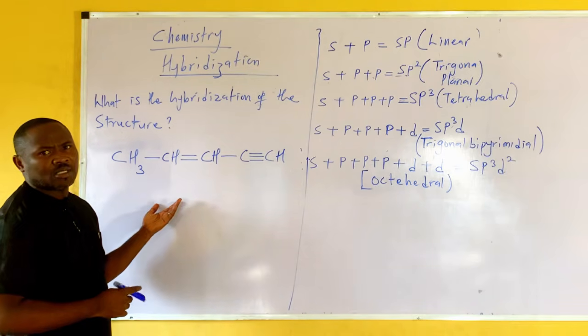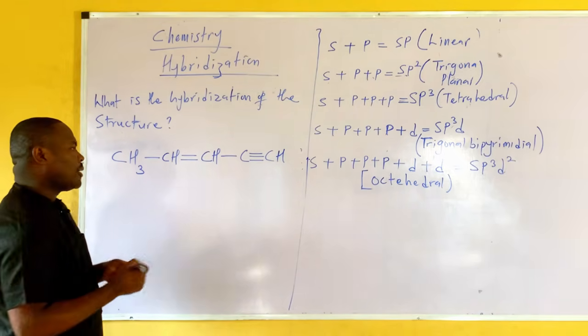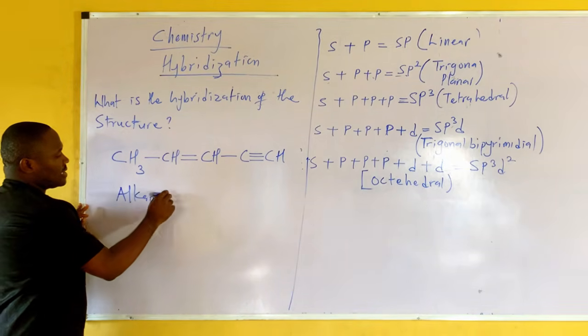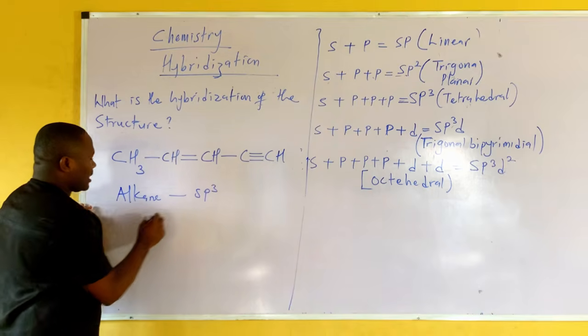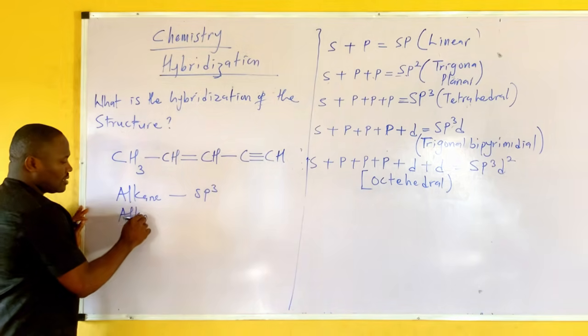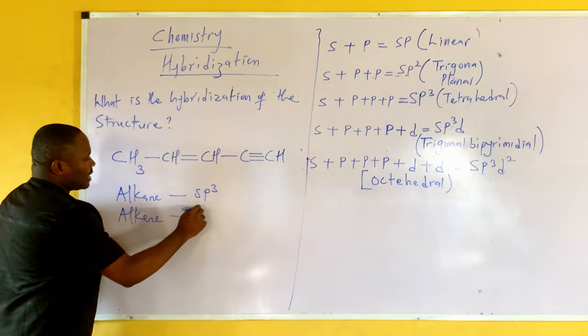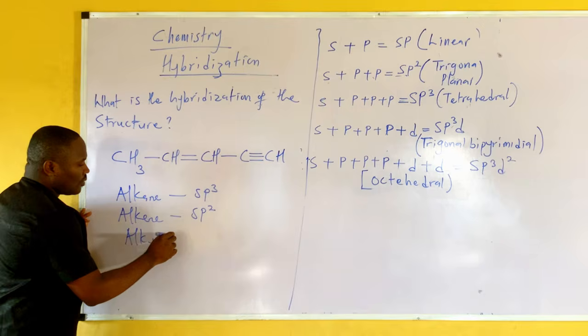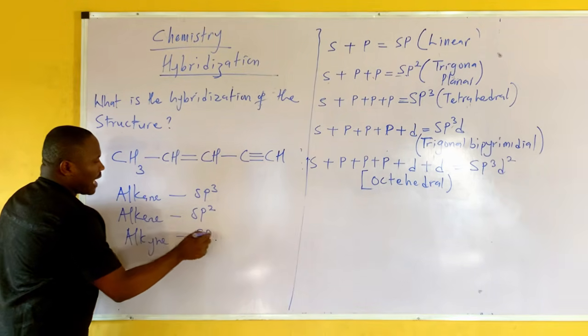How can you answer this? It's important to know that alkanes, which are ANE, are sp3 hybridized, then alkenes, which are ENE, are sp2 hybridized, while alkynes are sp hybridized.